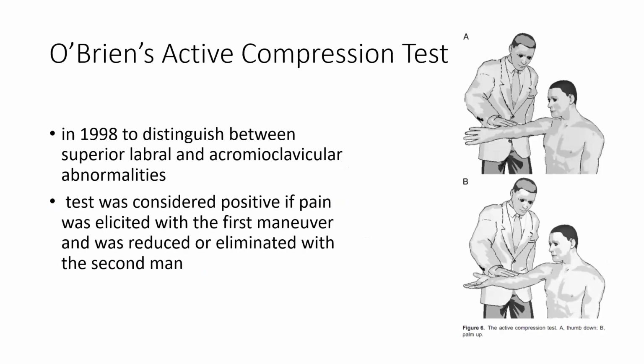Next, the different tests for SLAP lesion. Many tests have been described for SLAP lesion. First is the O'Brien's active compression test. This was described in 1998 to distinguish between superior labral SLAP lesions and AC joint abnormalities.